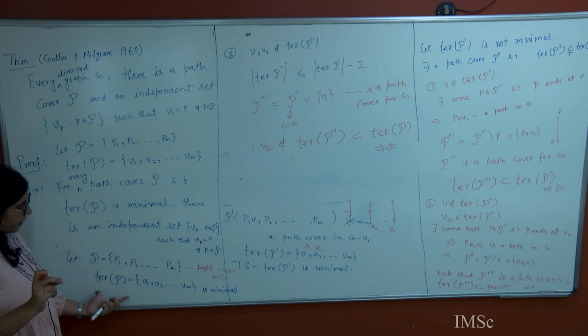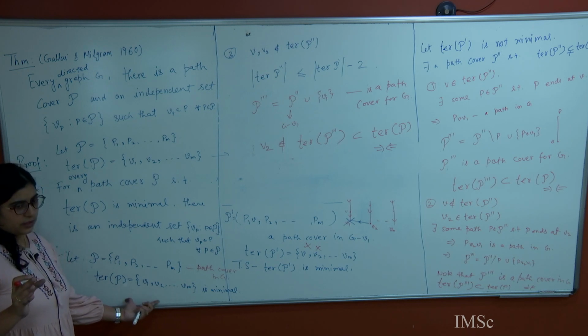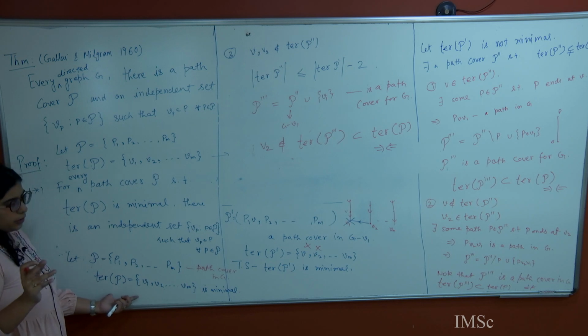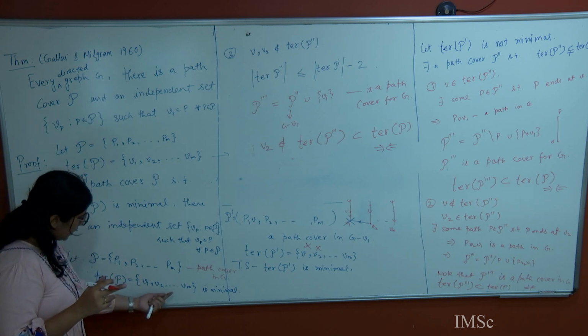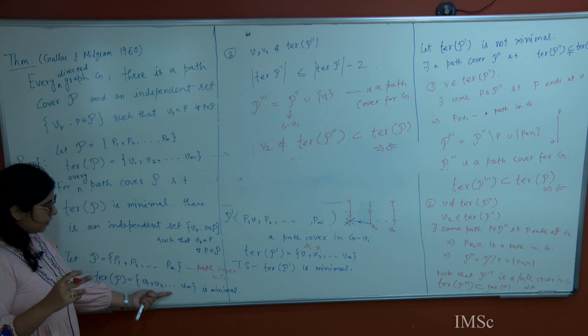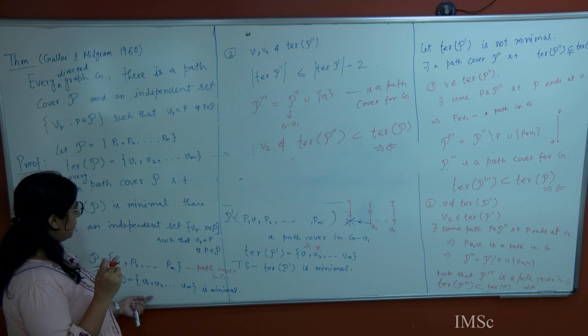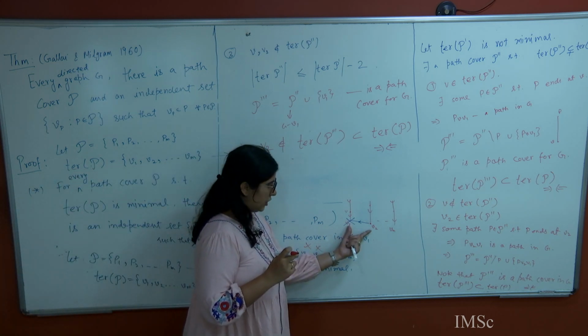So if my terminal set is independent itself, then we are done. This is the required set. Okay. Suppose it is not independent. That means there exists some edge among these. So without loss of generality, we can assume that we have an edge from V2 to V1. So V2 V1 is an edge in G.